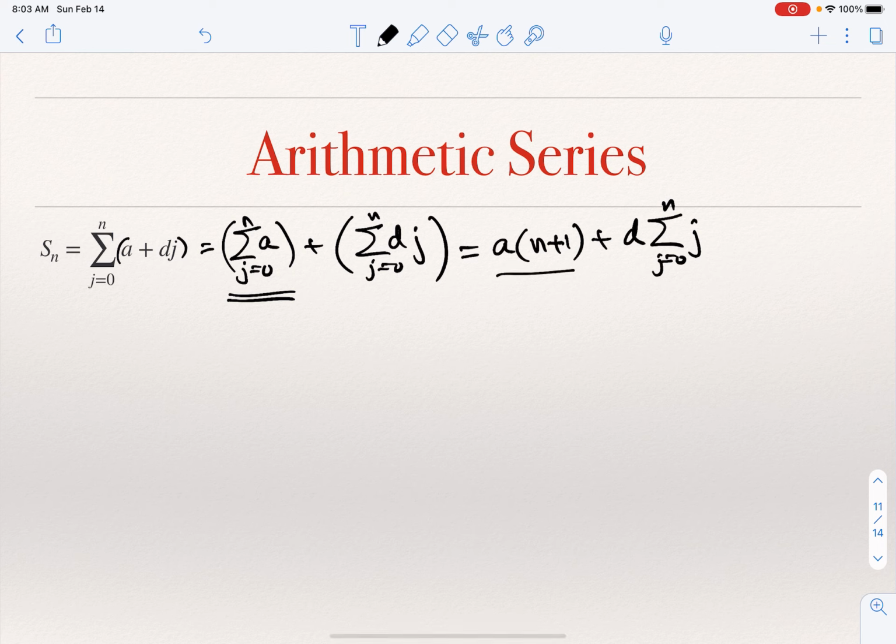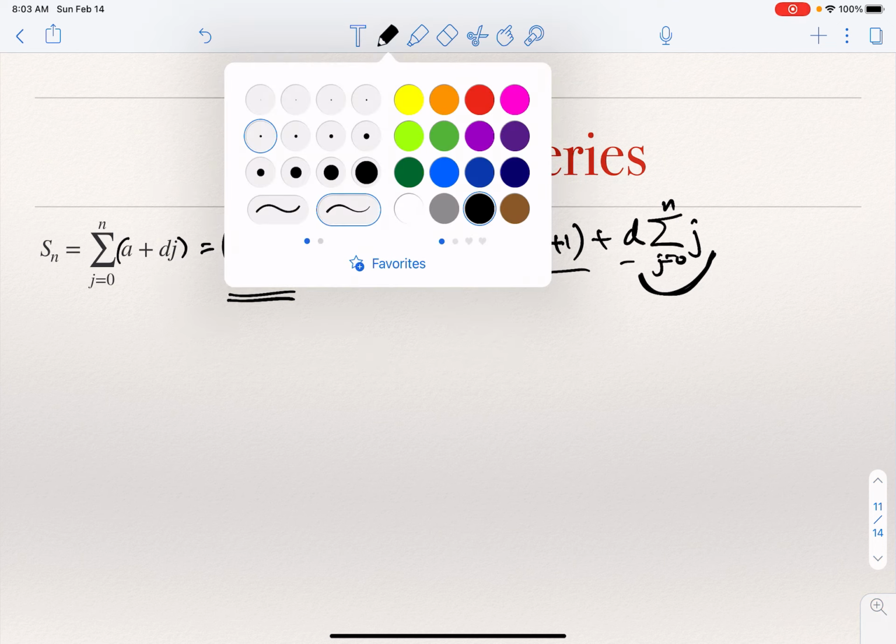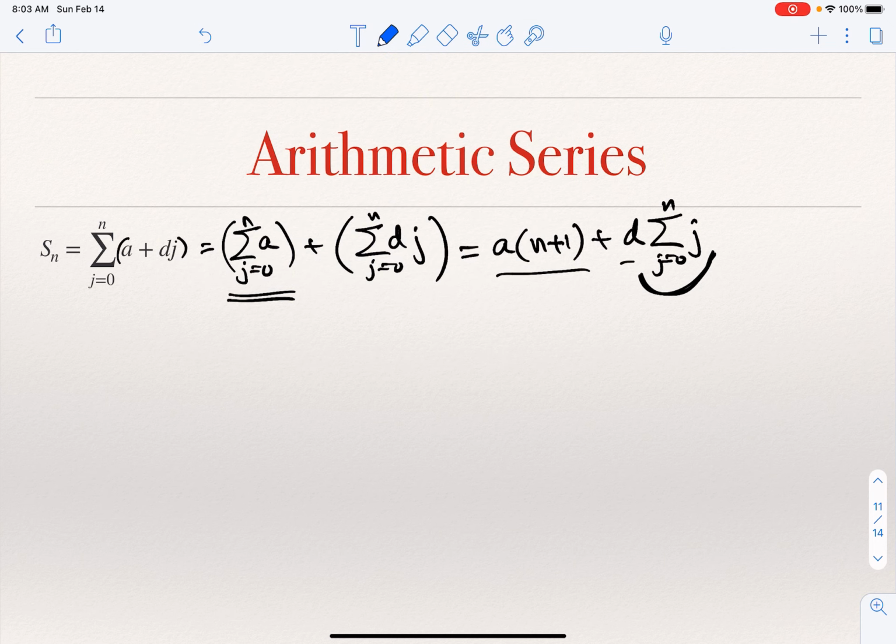I've already got the d. The only thing that I need to evaluate is the sum of j from j equals 0 to n. So now I really need to calculate the sum from j equals 0 to n of j, and I would like to use the telescoping sum for this.